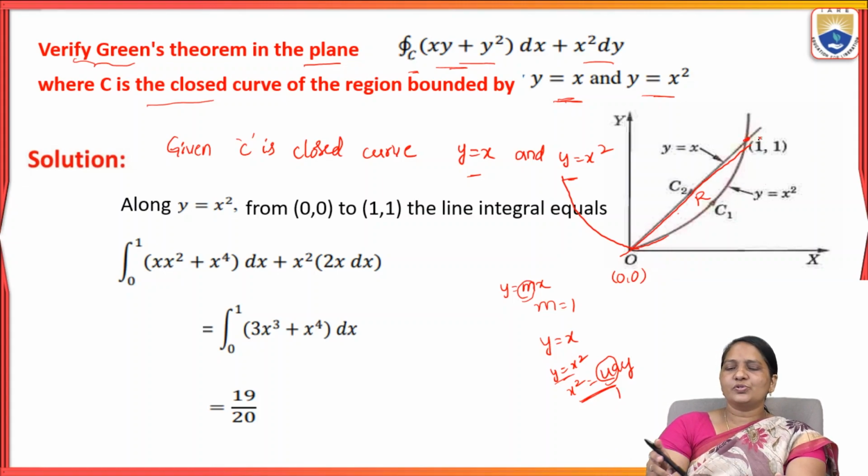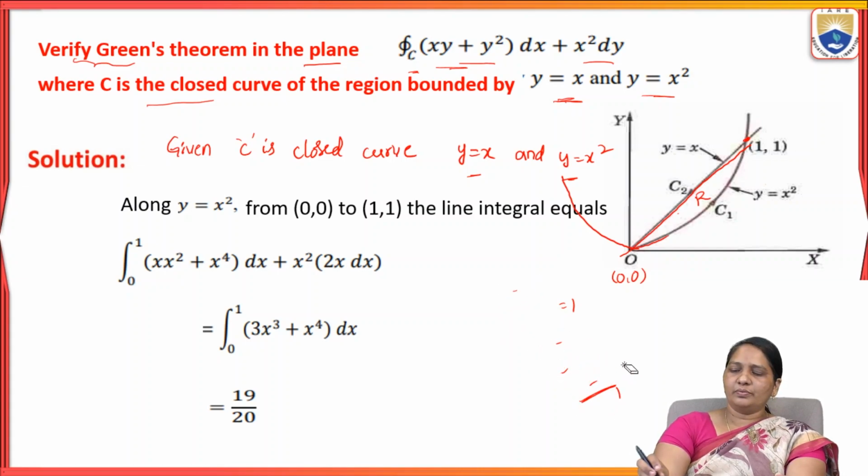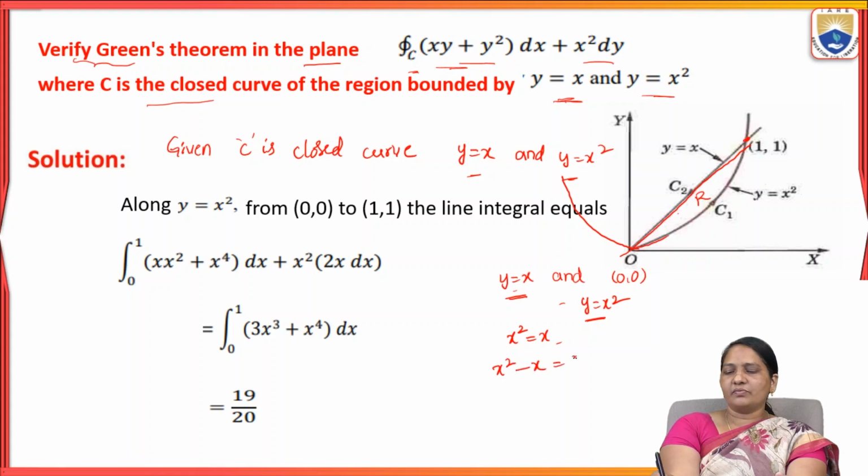How do we know? From these equations we find the intersection points. y equal to x and y equal to x square means x square equal to x, so x square minus x equal to 0.